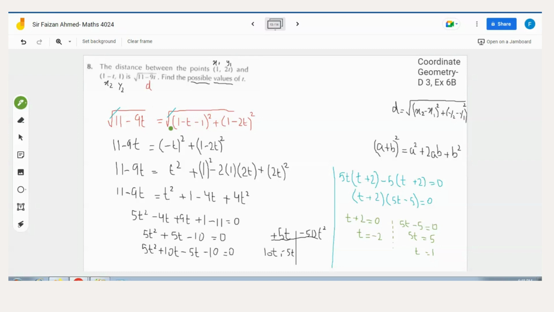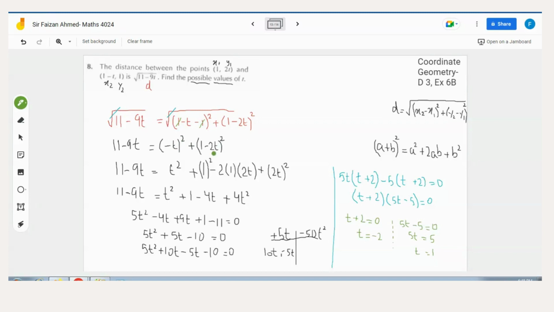Since the square root is on both sides, the right hand side and the left hand side, it will get cancelled out. Square root and square root will get cancelled out, so the remaining will be 11 minus 9t on this side, equals to, this one is positive and this one is negative, so they both will get cancelled out. So this will be minus t only remaining in the bracket, so (minus t) whole square plus (1 minus 2t) whole square.